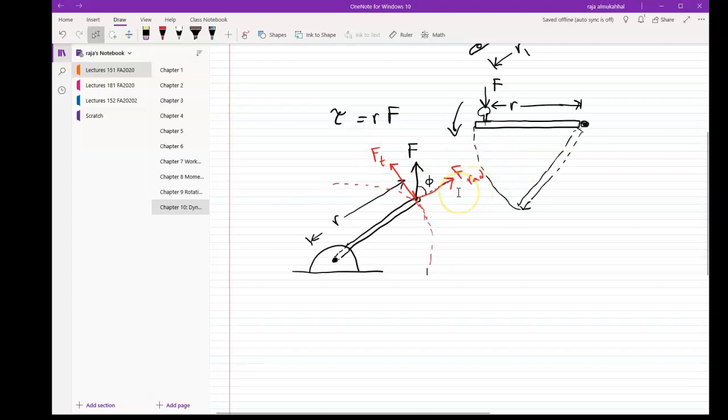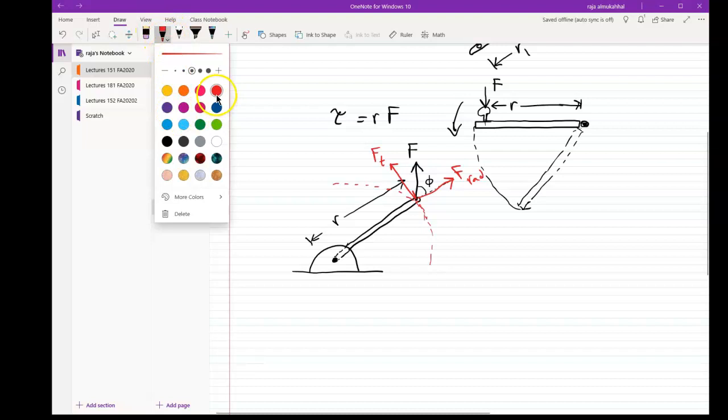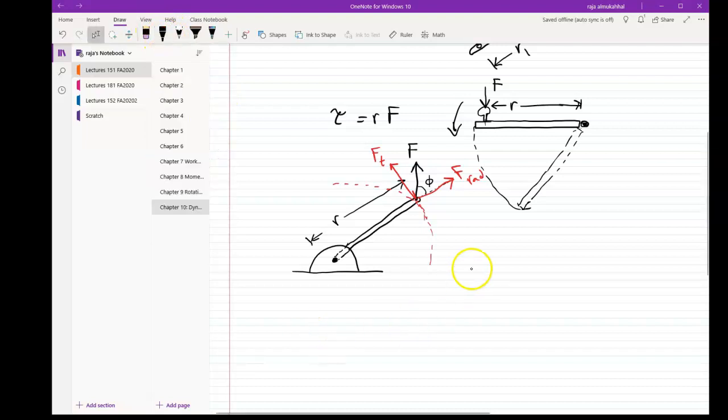You got it? So in this case, the torque, tau, is equal to R F sub t, the tangential component of the force. Well, what is the tangential component of the force equal to? If you look at the diagram, the tangential component is F sine phi.